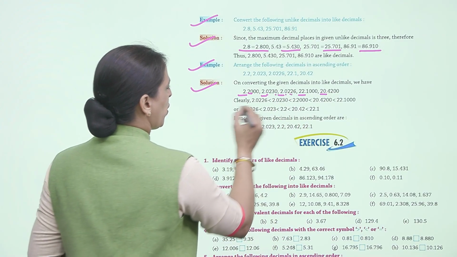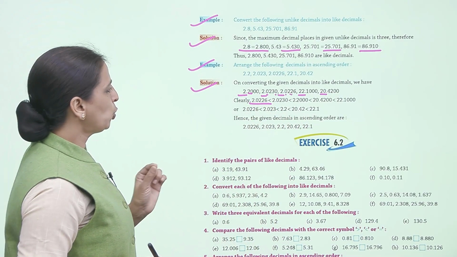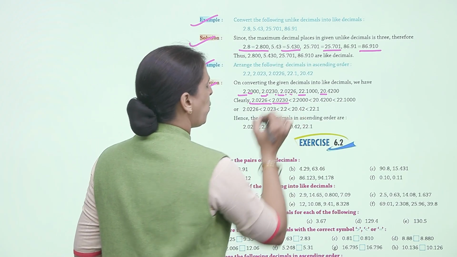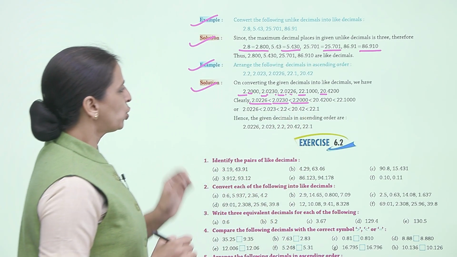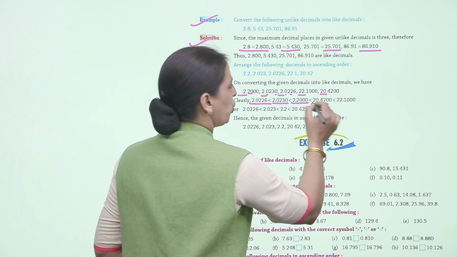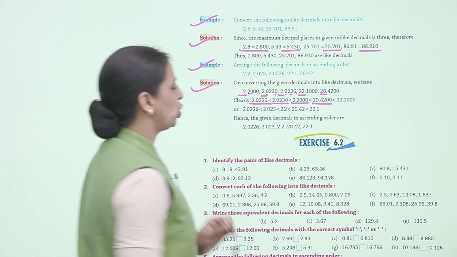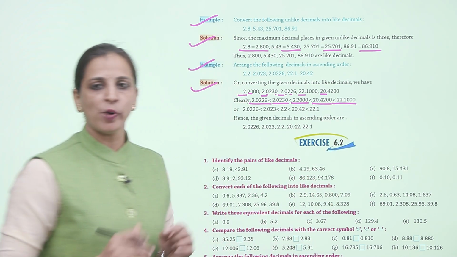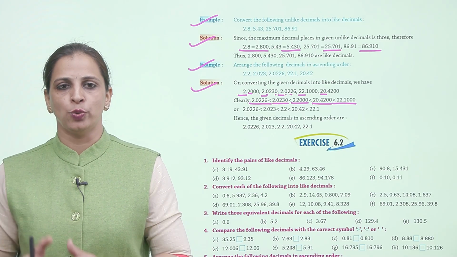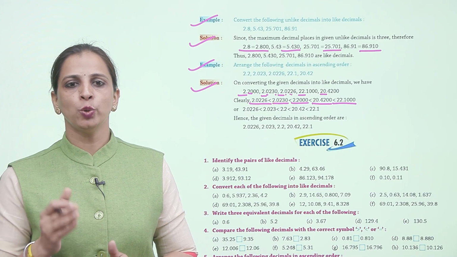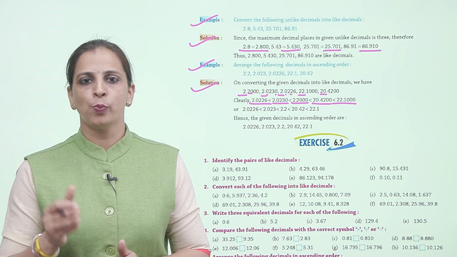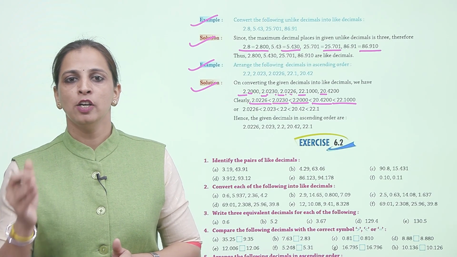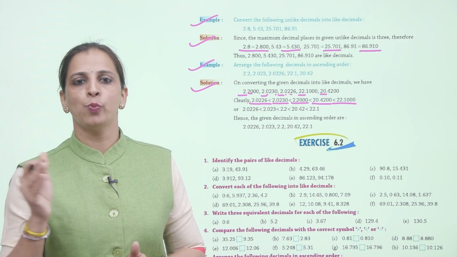So 2.0226 is less than 2.0230 is less than 2.2000 is less than 20.4200 is less than 22.1000, or 2.0226 is less than 2.023 is less than 2.2 is less than 20.42 is less than 22.1.